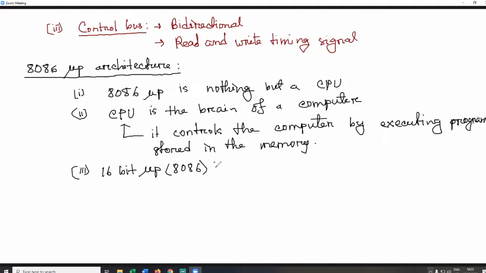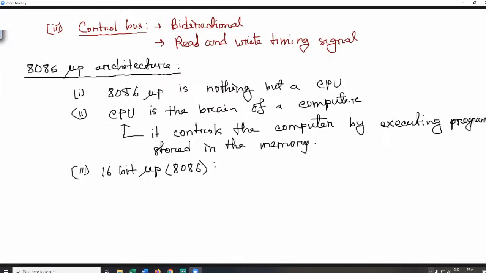Now, if someone asks you, what do you mean by a 16-bit processor? What is the essence of being 16-bit? What is the difference between a 16-bit processor, a 32-bit processor, and a 64-bit processor?